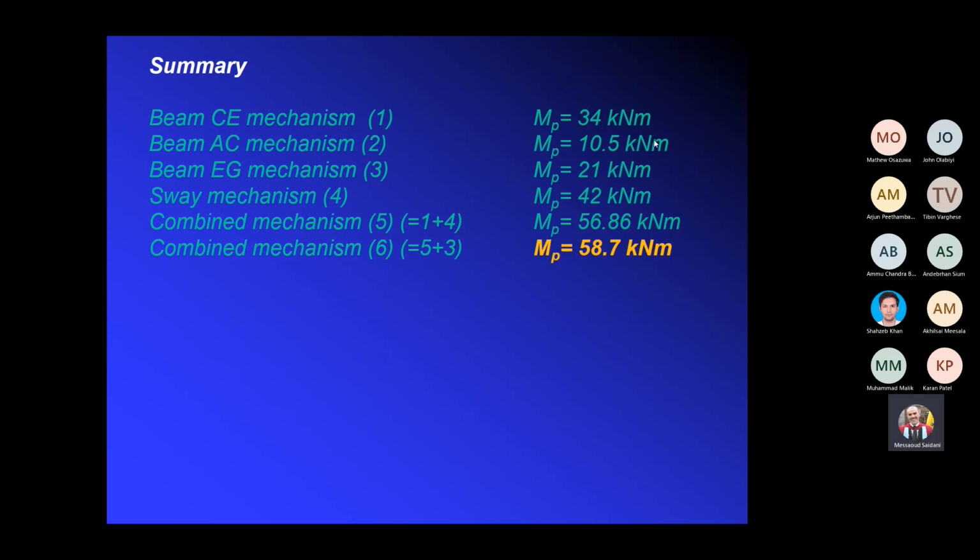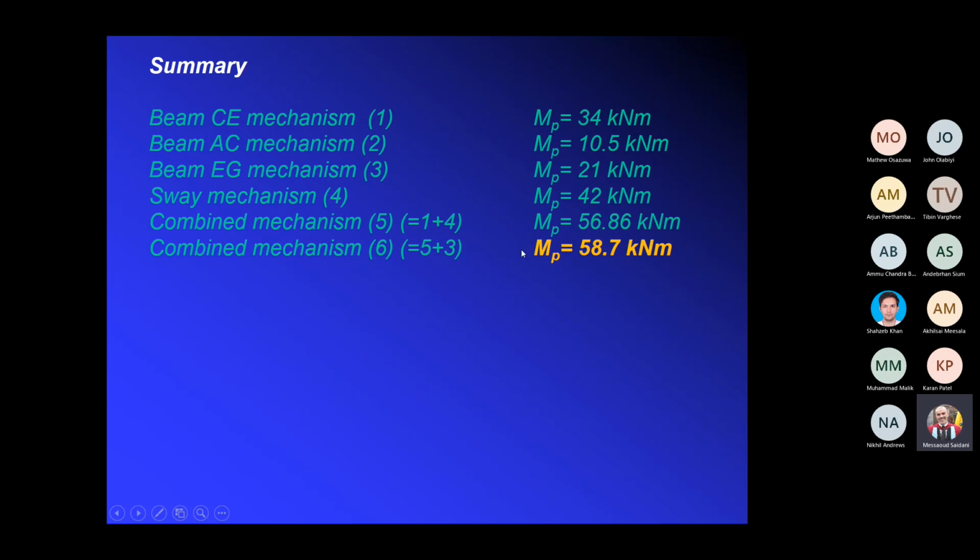Remember, these are not loads, these are moments. So the most critical solution is the maximum value, which is MP 58.7. What is interesting to note is that if we did only the independent mechanisms and the first combined one, we would have missed the actual solution.